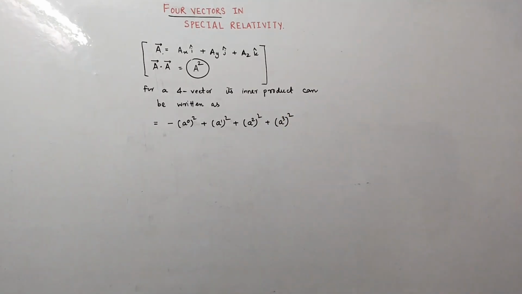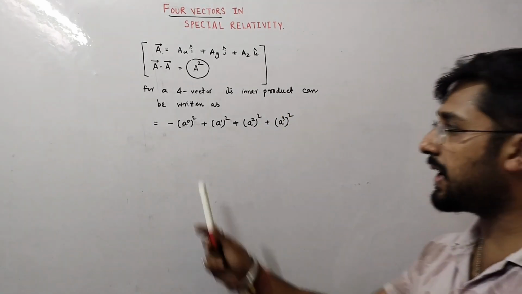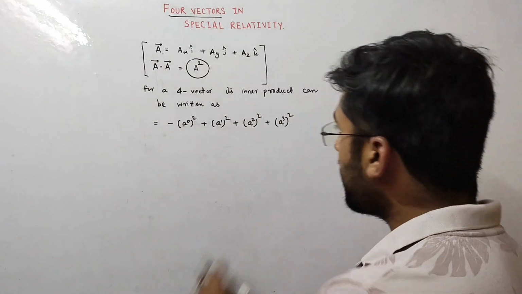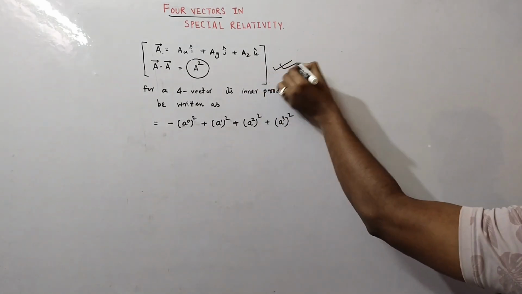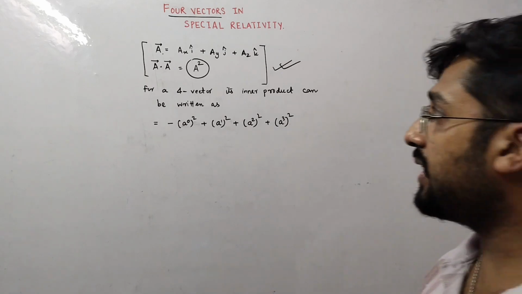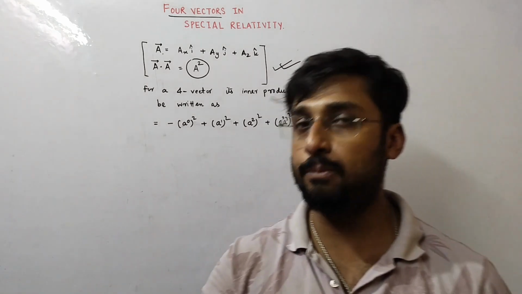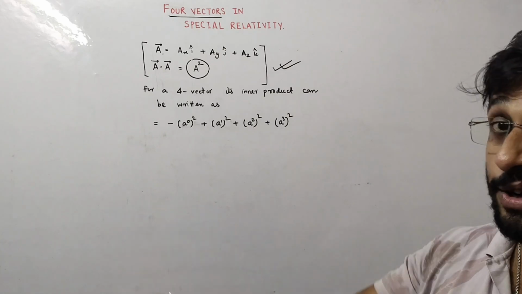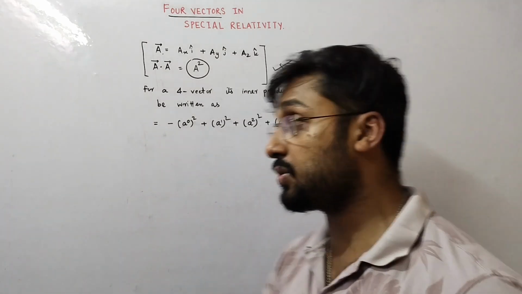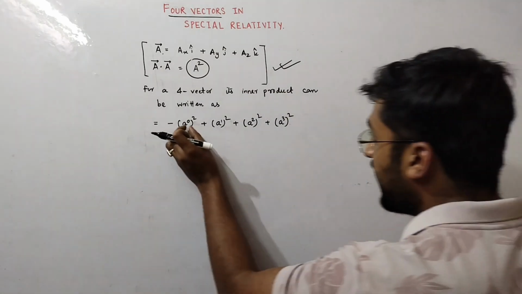Now you might wonder, why have I introduced this negative sign first, and why are there 4 components? Because you see, students, when we talk about the normal vector which is defined in the Euclidean space, we usually have 3 components, x, y and z. But now I am talking about a 4 vector that also has a temporal component associated with it. So this is that A0.